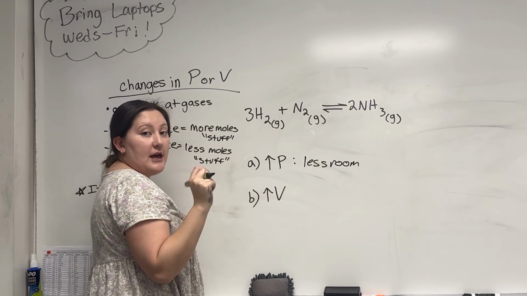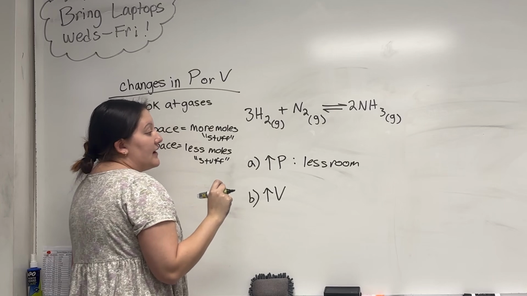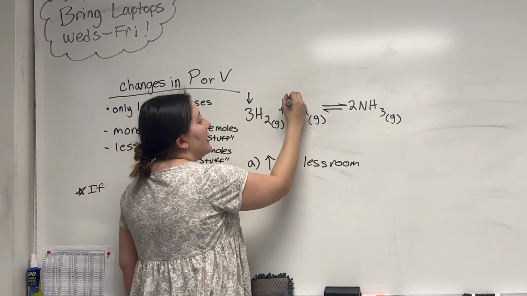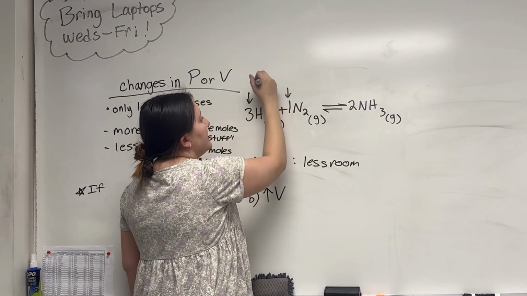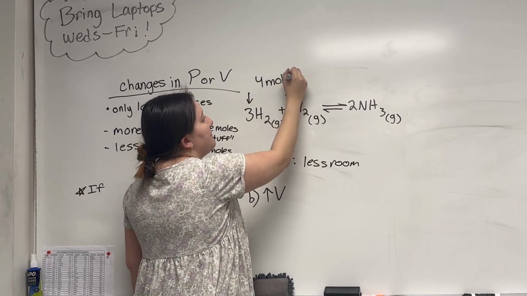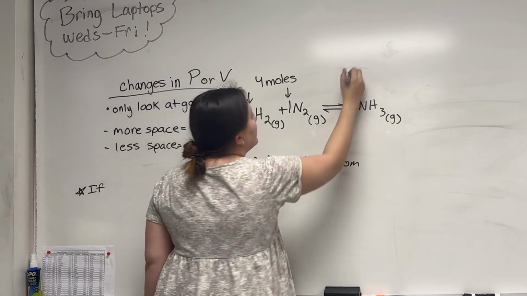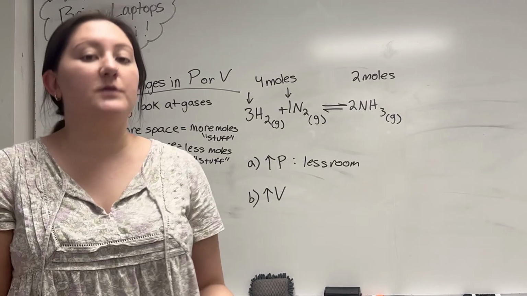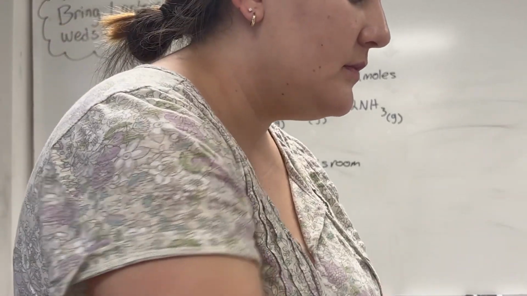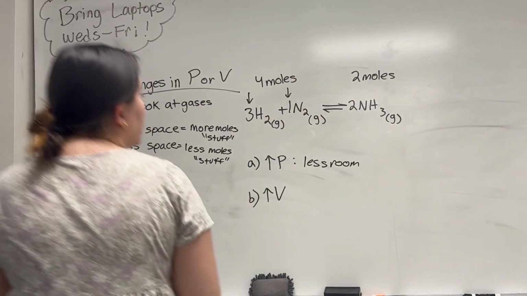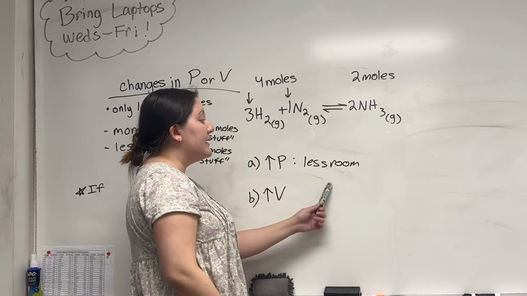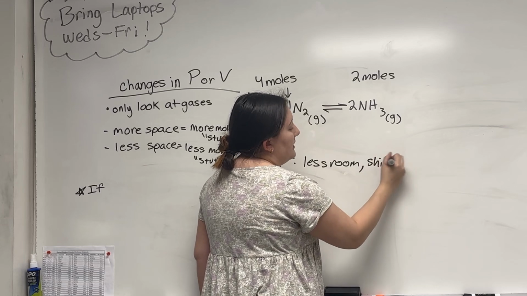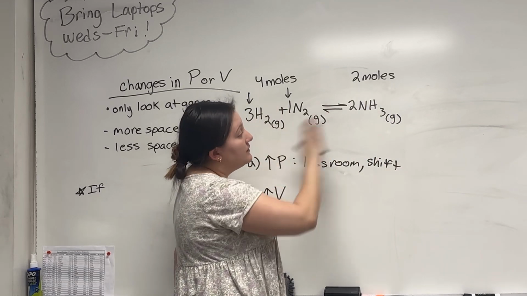So we're going to shift to the side where there is less stuff. So over here, I have 3 moles plus another mole. So this side has 4 moles of stuff. This one has 2 moles of stuff. And by stuff, again, we're talking about moles and the specific containers. So I'm going to shift towards the one that has less stuff in it because I have less space or less room for it. So I'm going to shift towards the side with 2 moles, so to the right.